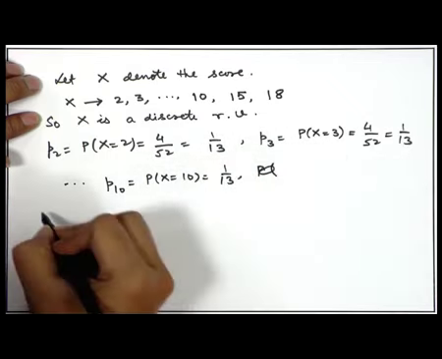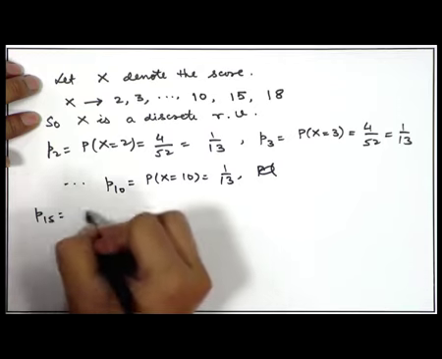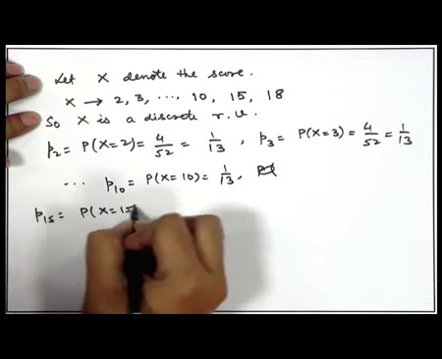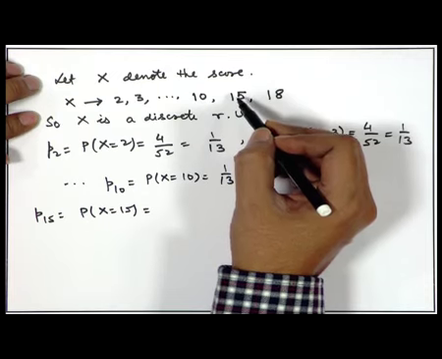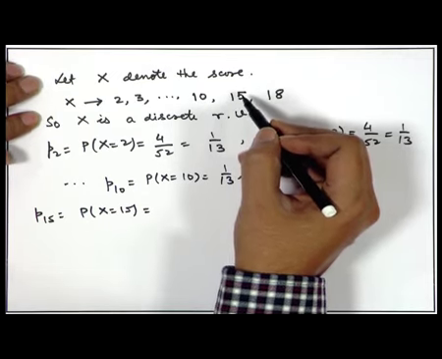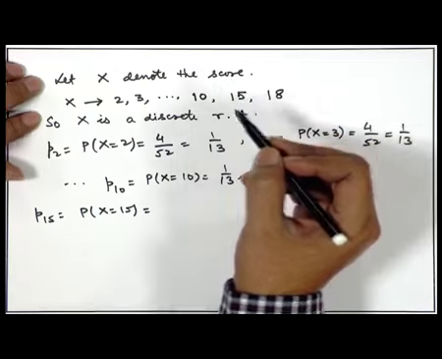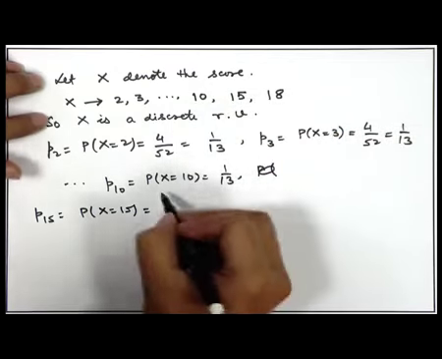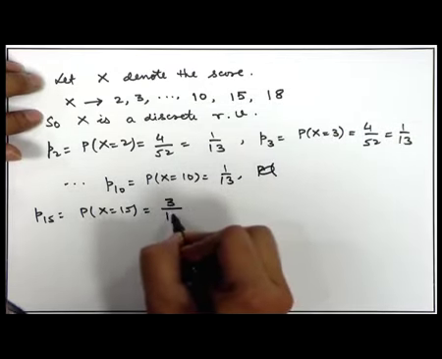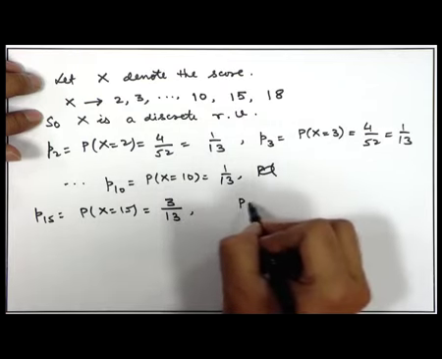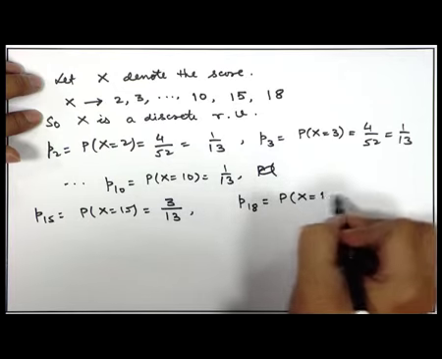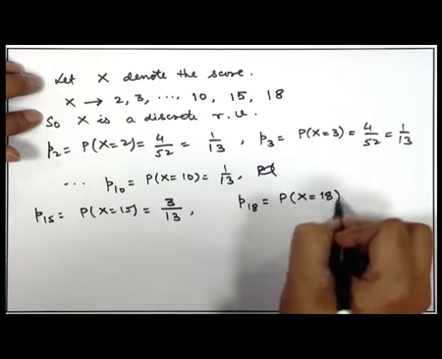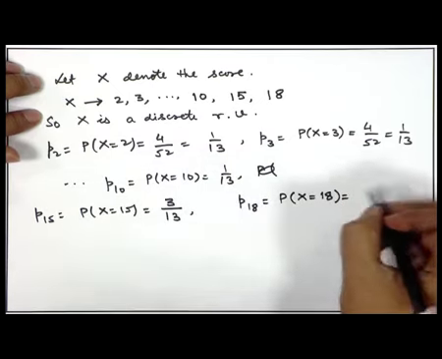If I consider P15, that is the probability x equal to 15. Now, 15 is recorded when king, queen or jack is drawn. There are 12 such cards. So, you get 12 divided by 52, that is equal to 3 by 13, and the probability of 18, that is probability x equal to 18, is when an ace is observed.